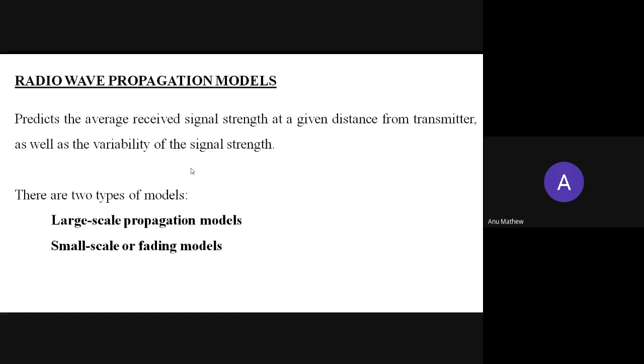So a radio propagation model will predict the received signal power at a particular distance from the transmitter. There are two types of models: large scale propagation models and small scale or fading models.